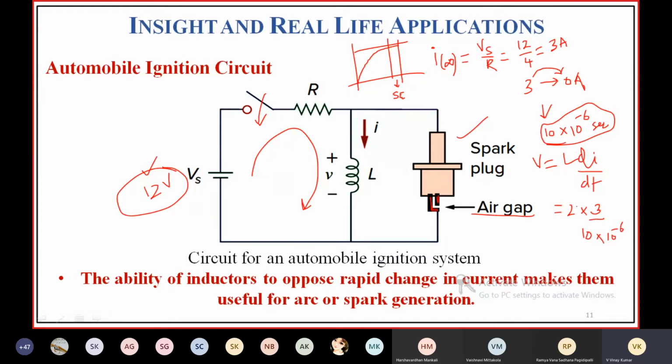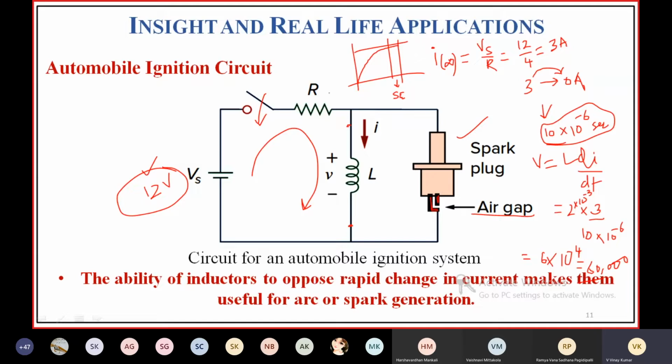Taking L as 10 millihenry, you are going to get 6 into 10 to the power of 4. Almost 60,000 volts will be produced between the terminals of the inductor.